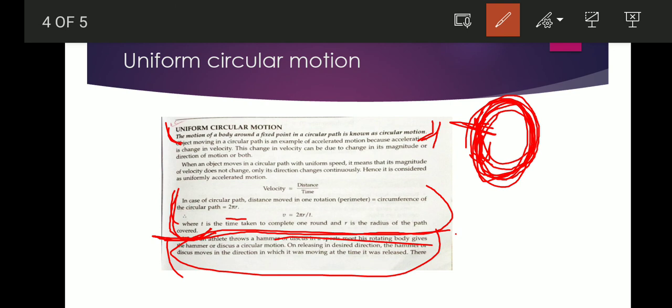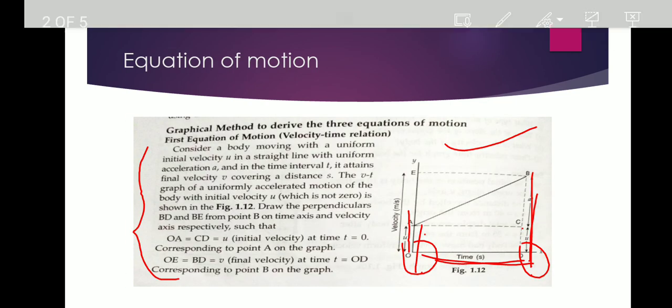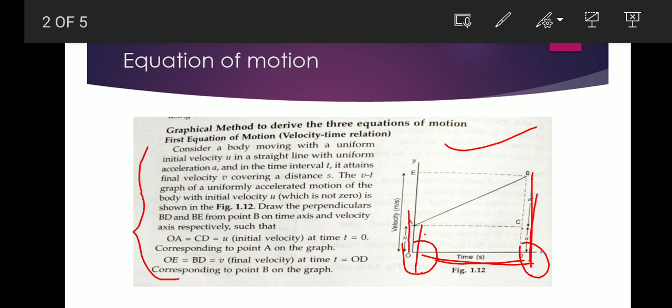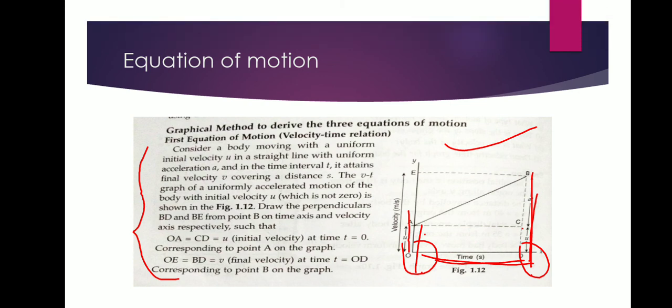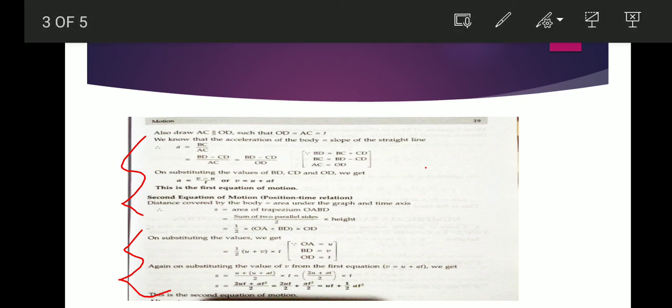Up to this much you have to write. Then all these, including this figure 1.12, and then this. You have to copy it down in your notebook and submit it to me before 7 p.m. Thank you.